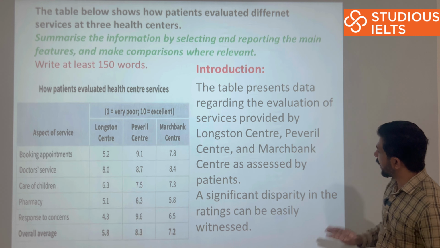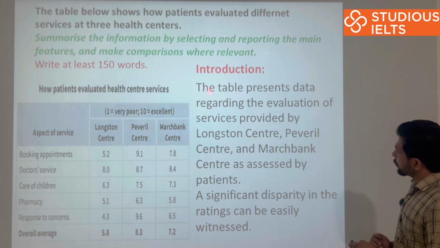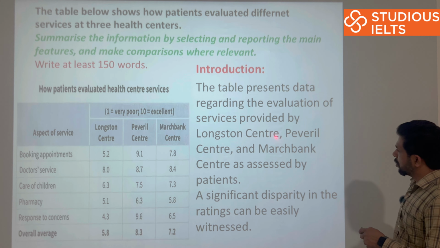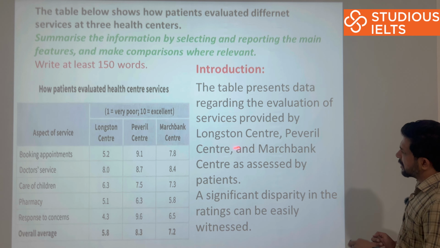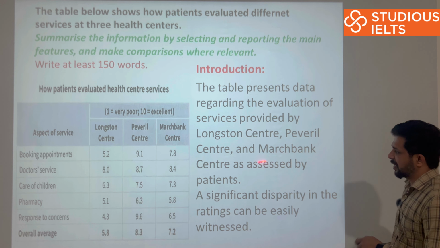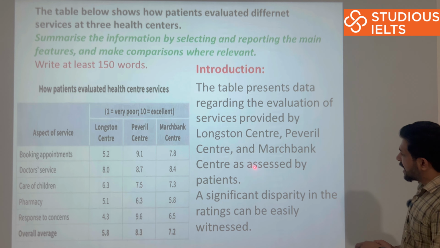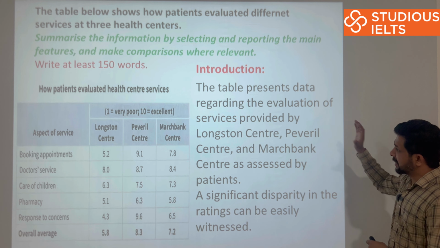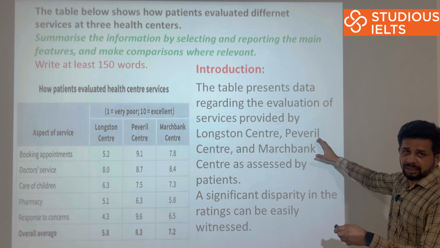So how do I do this? It says: the table presents data regarding the evaluation of services provided by Longstone Center, Peverell Center and Marchbank Center, as assessed by patients. So this is how I have paraphrased it.